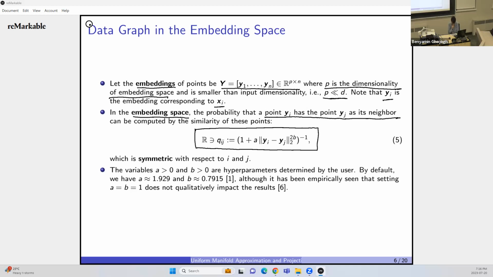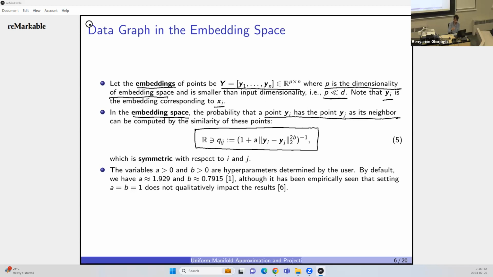So here we don't use Gaussian distribution anymore in the embedding space of UMAP, similar to the idea of t-SNE. Do you remember? In t-SNE, in its embedding space, we used Student t distribution, but in its input space, we used Gaussian distribution.